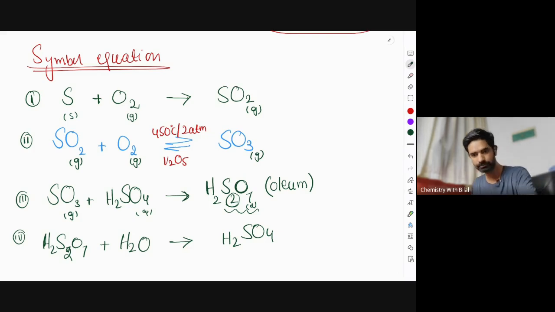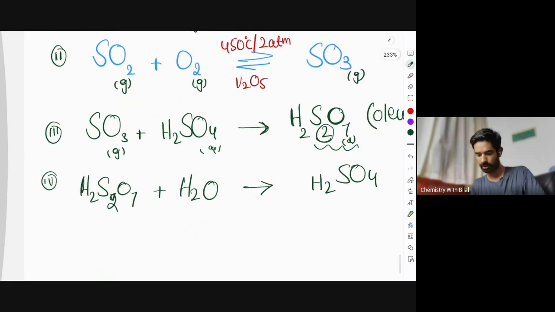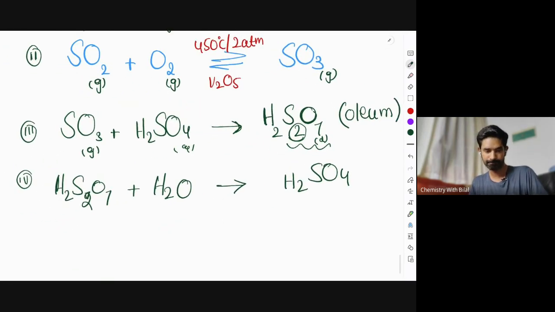Yes, no? Shameen? Abdullah bhai? Yes, Abdullah. So what should I write on the reactant or product side to balance this equation? Abdullah.